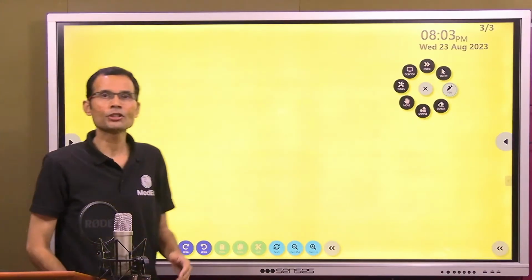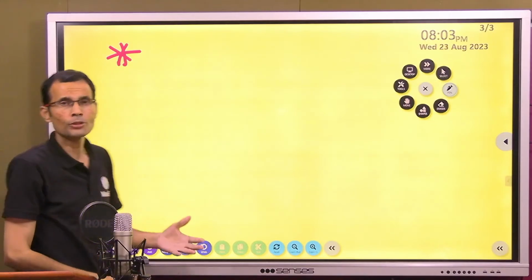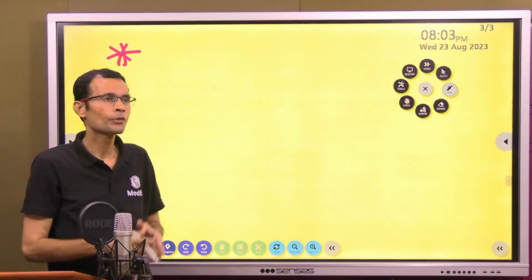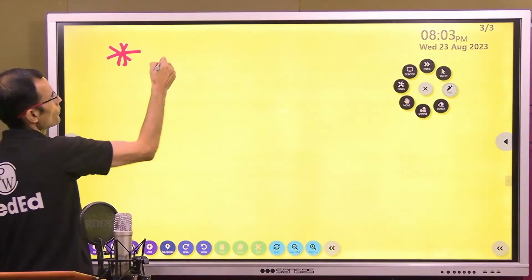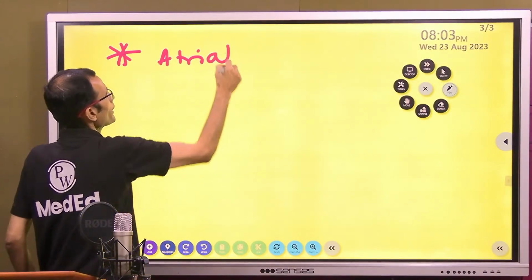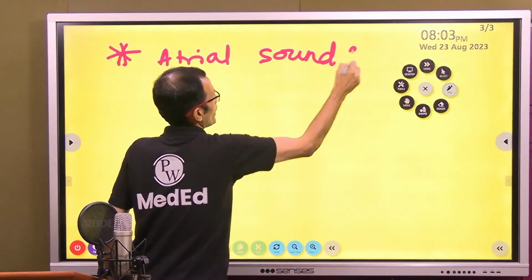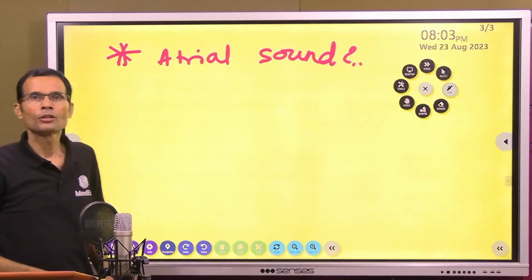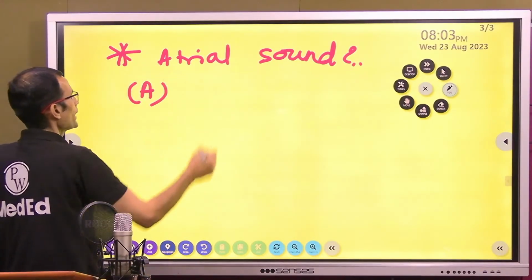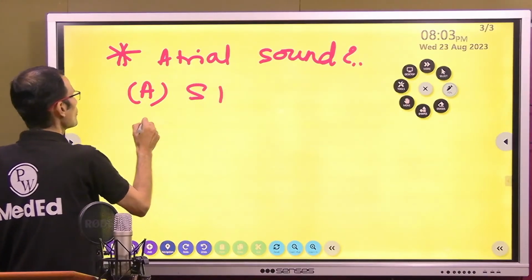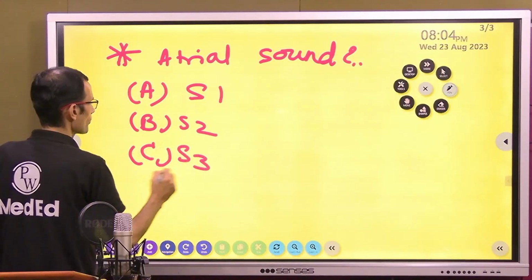Then the question on heart sounds. Heart sounds are related to the cardiac cycle, and MCQs are asked clinically. But I am asking a simple question. Which of the following is called the atrial sound? Among the heart sounds, which of these is called the atrial sound? The options are, of course, S1, S2, S3, and S4.